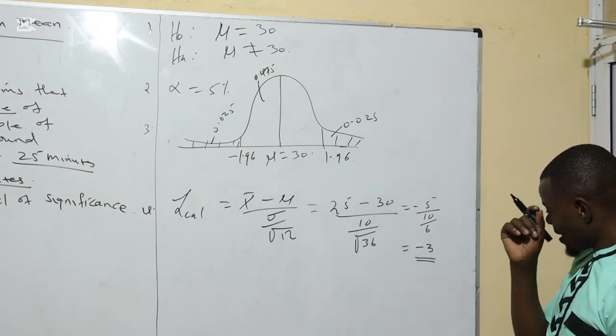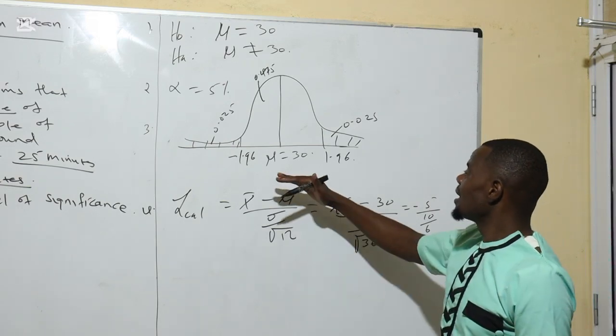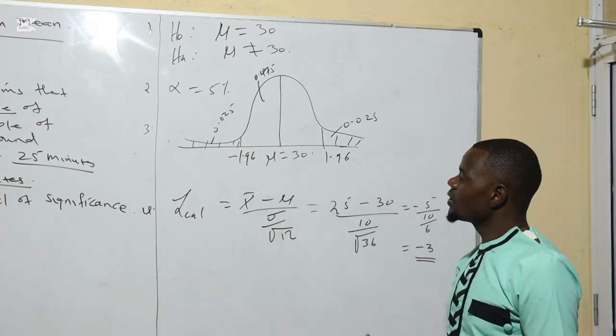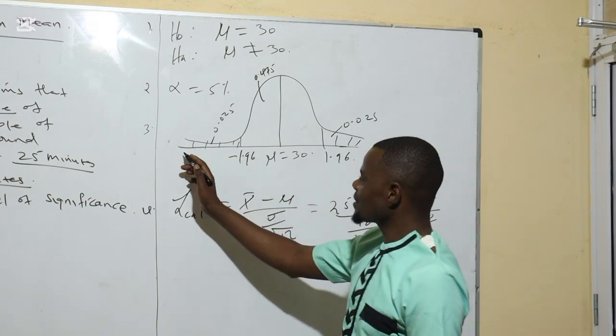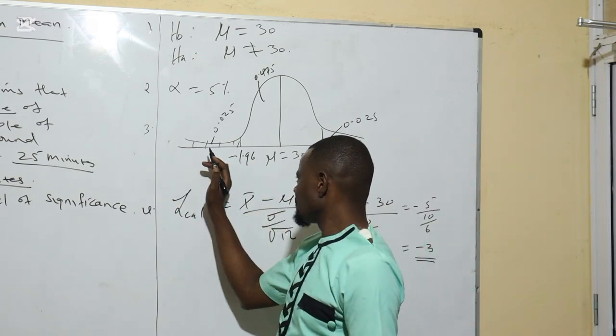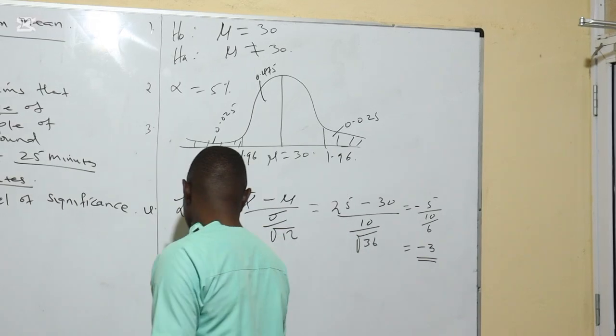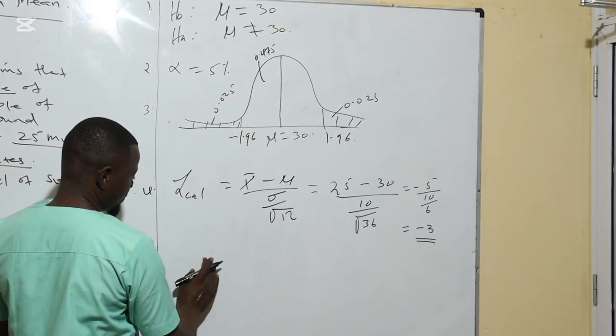Negative 3. So by looking at the critical values, this negative 3 will fall in the rejection region.